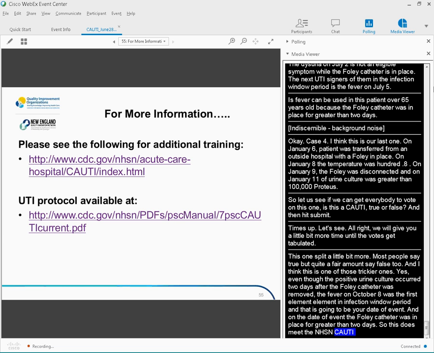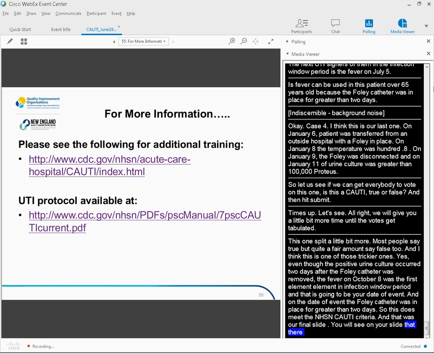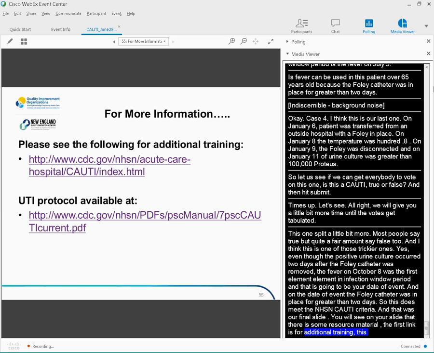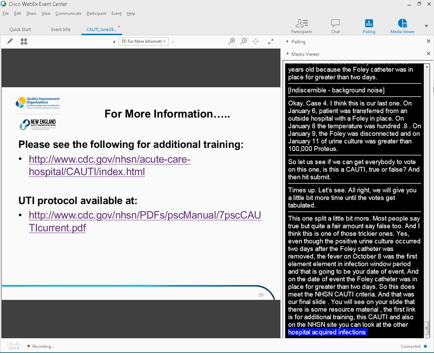You'll see on your slides that there's some resource material. The first link is for additional training. There's CAUTI, and also on the NHSN site, you can look at the other hospital-acquired infections as well. And then the UTI protocol specifically is on the second link with the manual.